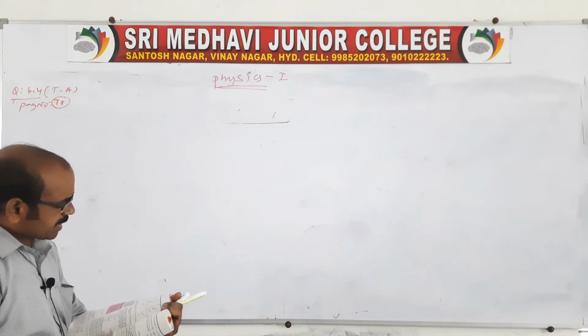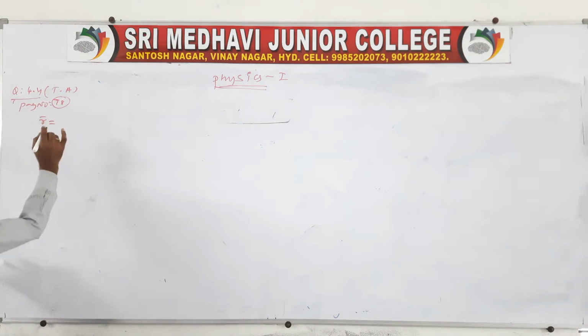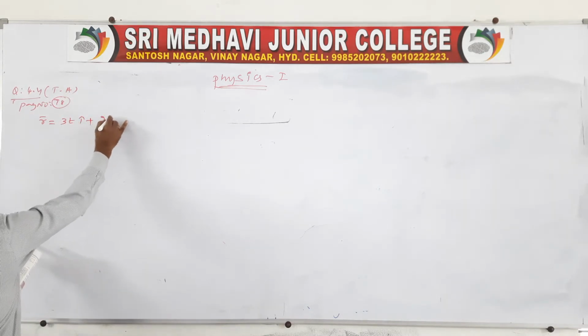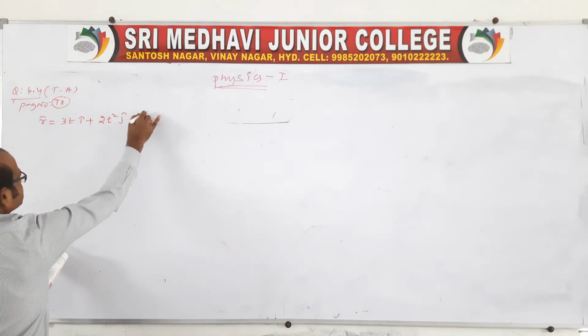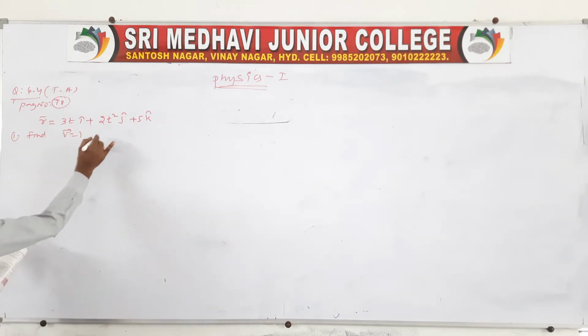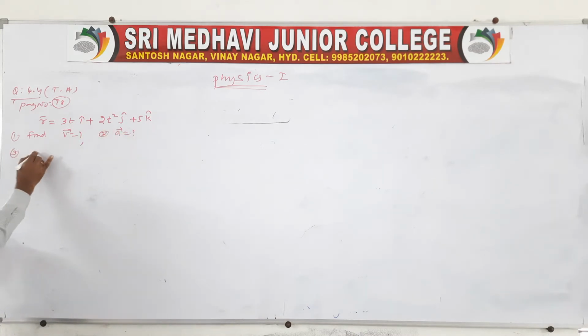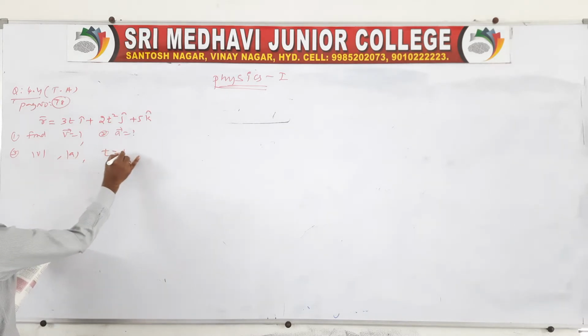The position of a particle is given by the position vector r is equal to 3t i cap plus 2t square j cap plus 5k cap. It is asking: first, find the velocity vector; second, the acceleration vector; and third, the magnitude of velocity and acceleration at time t is equal to 1 second.